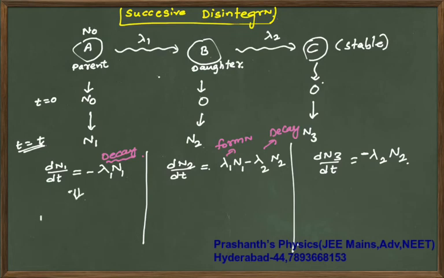In this, what is n1? Following the logic, n0 times e power minus lambda t. Correct, same first order reaction following the same logic. Now you have to substitute this into this equation. If you remember previously, you have already known this stuff.